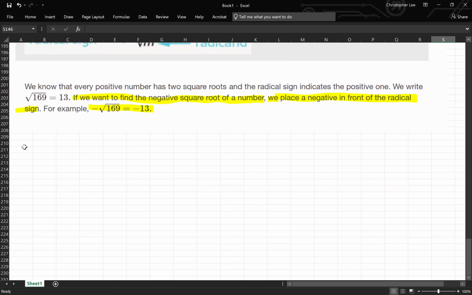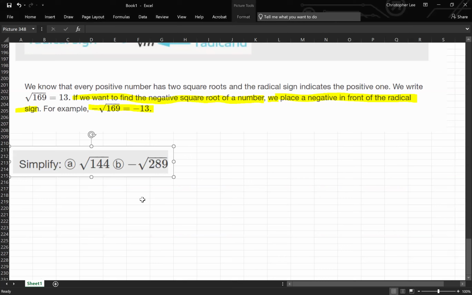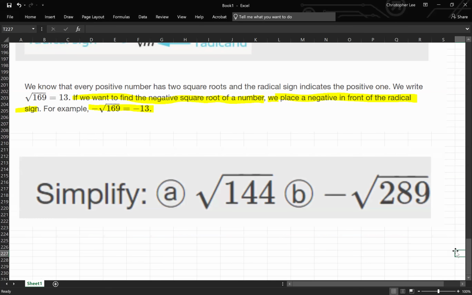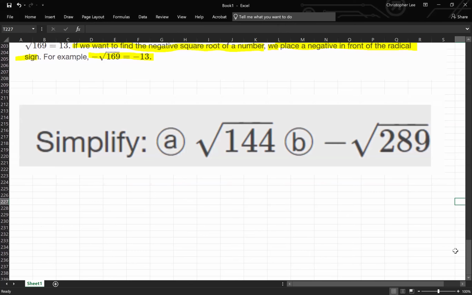All right, let's try this out. There are some basic questions here. For A, what is the square root of 144? 12. The square root of 144 is equal to 12. You know that 12 times 12 is 144, so I'm going in reverse, and that's how I get that.